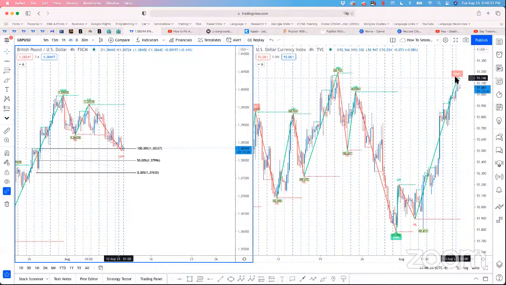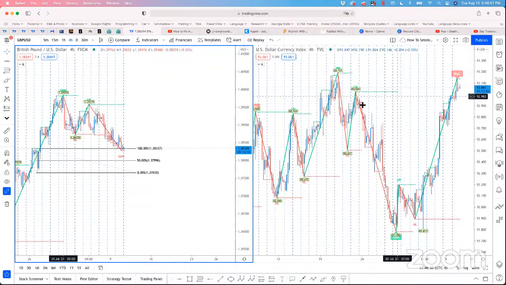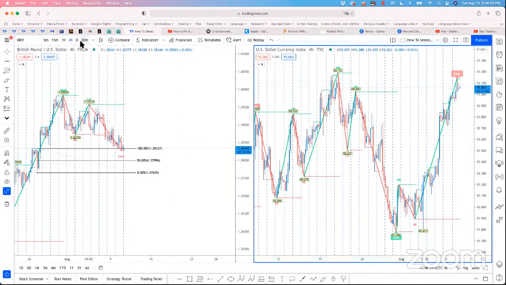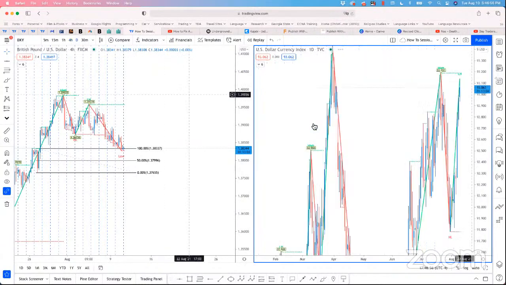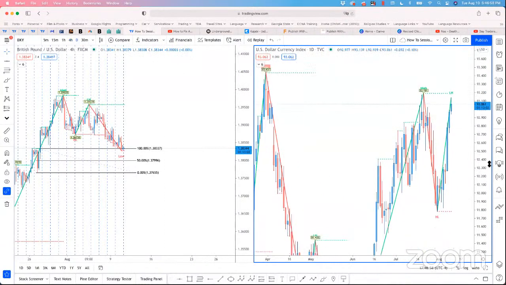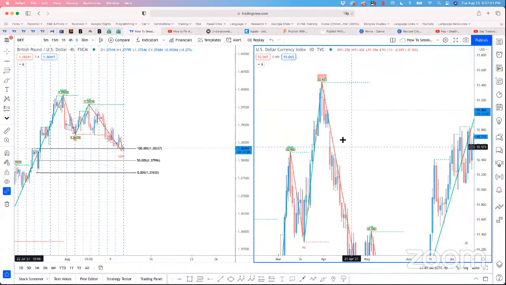When you see those two, those are optimal setups for GU and EU, because EU is at a low too. And the dollar is in a daily order block too. So you got a lot of correlation going on right here.